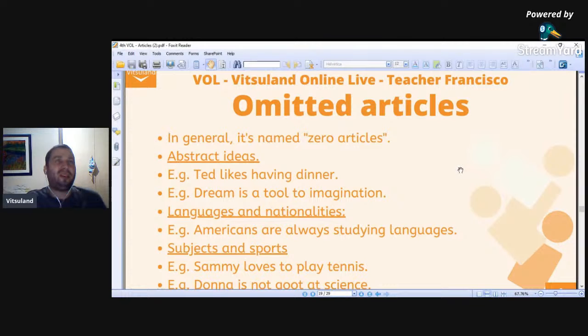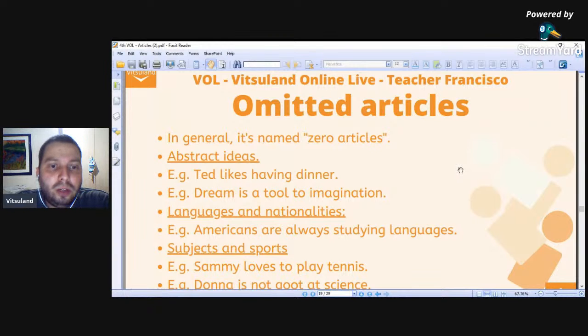When we have dinner, breakfast, lunch, these are abstract ideas. Of course you are going to have your time with your family or alone, you're going to have your meal, but in this case, we do not use articles. We do not say Teddy likes having the dinner. No, Teddy likes having dinner, or his dinner time, for example. But we do not use articles.